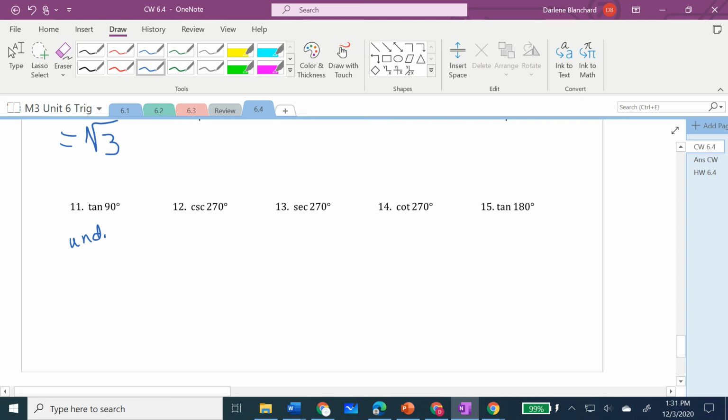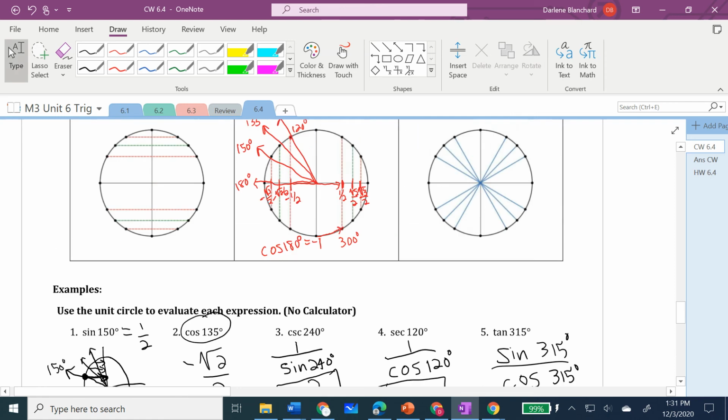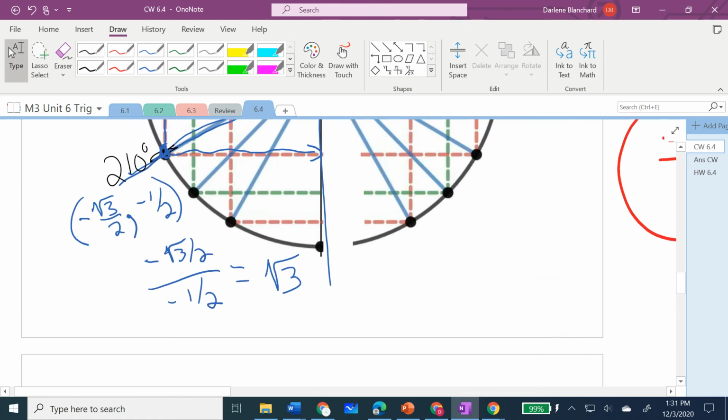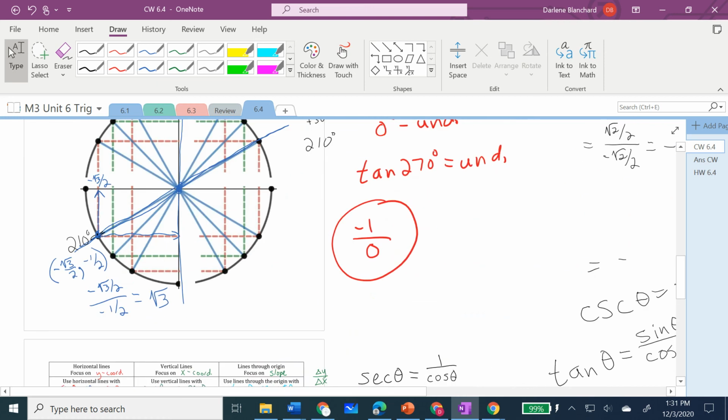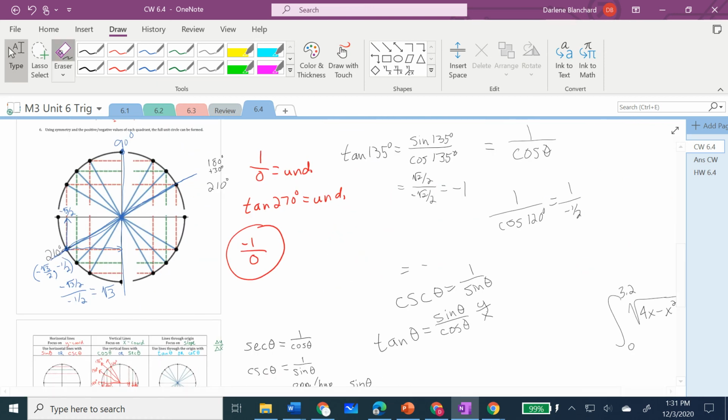Okay, now cosecant. Cosecant is whose reciprocal? And did everyone at least get sine going through their head? Good. So now find 270 degrees. And first ask yourself, what is the sine of 270 degrees?